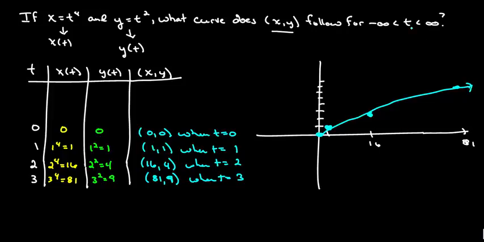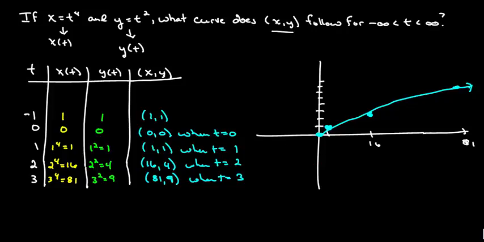Now, of course, t isn't just positive numbers, t also goes towards the negative. So we plug in -1, and when we do that, we get 1 and 1 out, which is also a point right here.